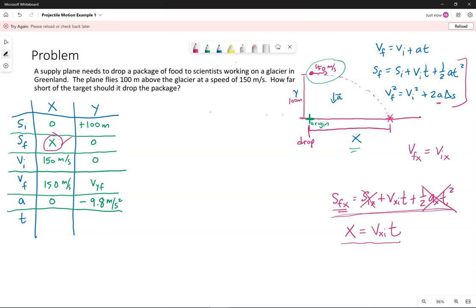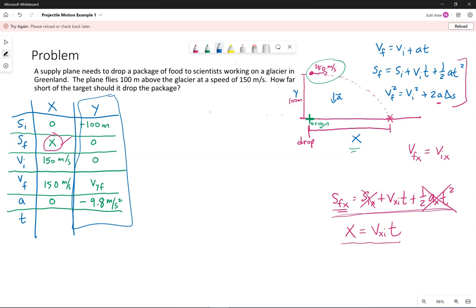So we get to this point and we need to know time. Well, the x information, I don't have enough information to find the time. So I need to come back and look at all this y information and see if I can get time from there. So we know the initial position, initial velocity, final velocity.